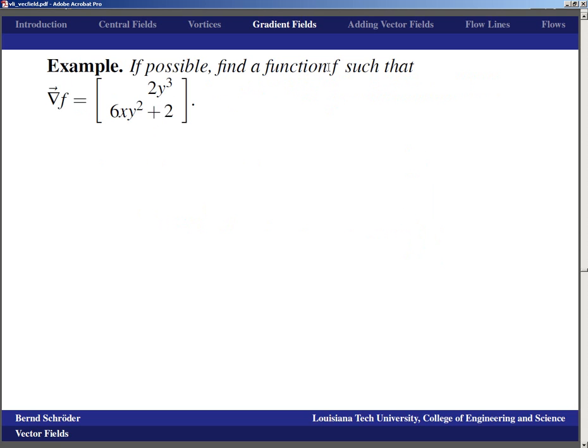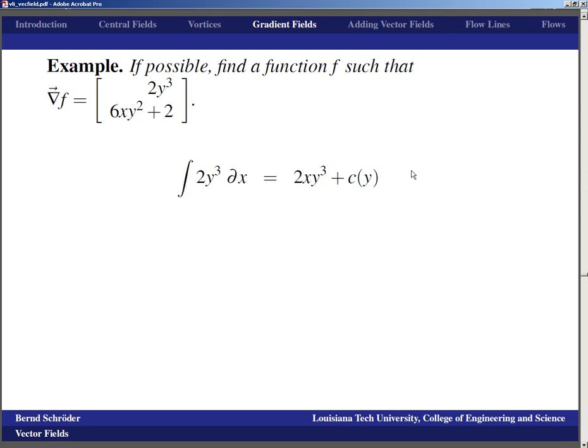So if possible, we want to find a function f so that the gradient of f is (2y cubed, 6xy squared plus 2) in the x and y components respectively. Basically, if this is the x component of a gradient field, then this is the x derivative of f, and so we could just take the x integral of this function, and what we get is 2xy cubed plus a constant that could depend on y.